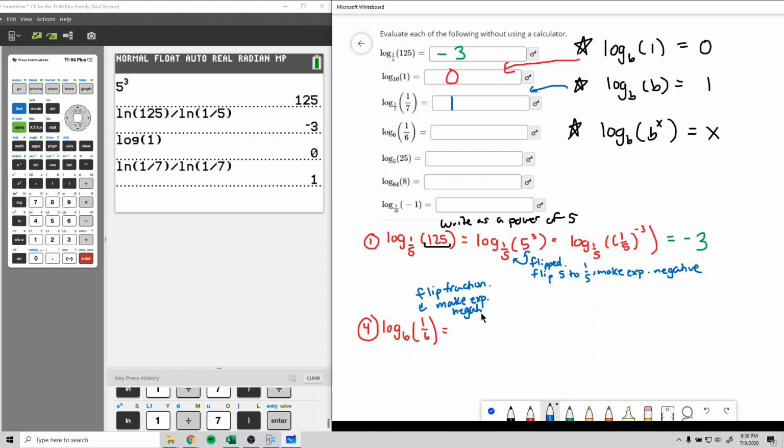That's a very common theme with these. And the exponent, while we don't usually write it when it's 1, is really 1. So this is 6 to the negative 1 power. And log base 6 of 6 to the negative 1 power, the base and the inside base match, so we get negative 1, the third rule.